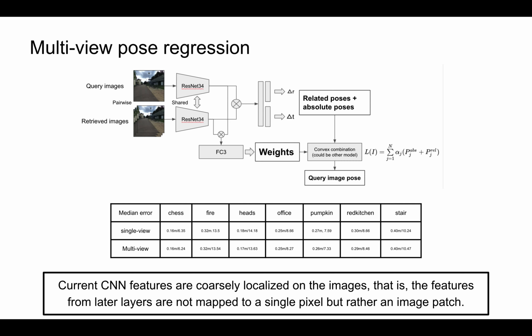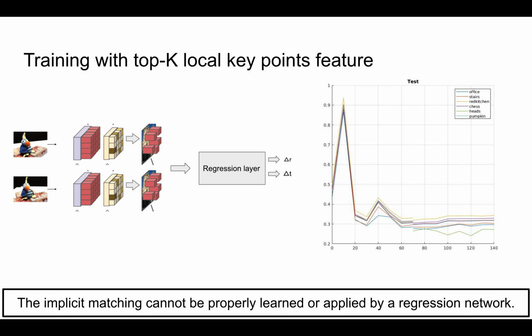The reason probably is that in this direction we extract the global feature from the images. There's no feature mapped to a specific pixel position, compared to the classical one, which is based on matching of features at local positions of the images.